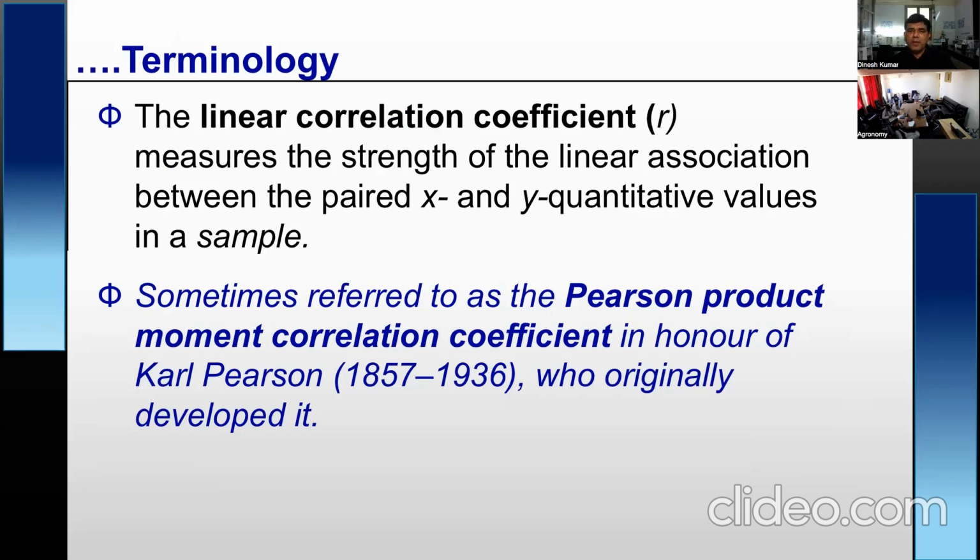So if you have a sample and you want to see the strength of the relationship between two variables, you need to calculate the linear correlation coefficient, which is called r, small r. It is also called the Pearson product moment correlation coefficient, a very long name, because Karl Pearson was the first person who found the formula to calculate the correlation coefficient.